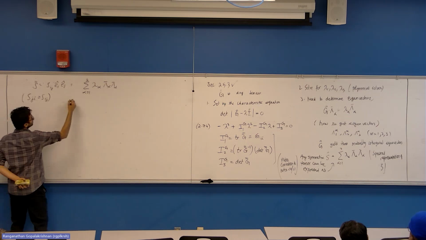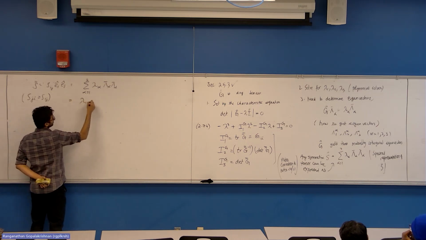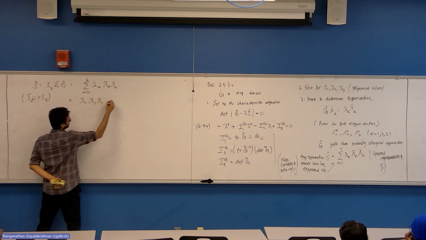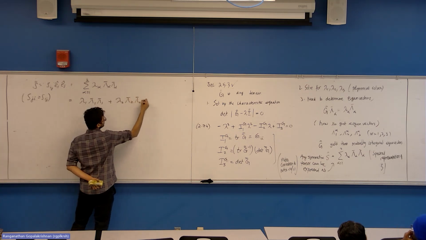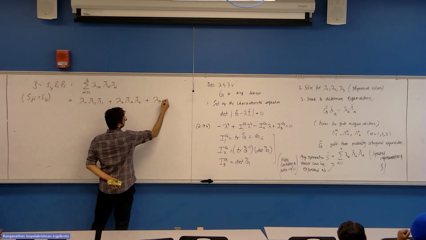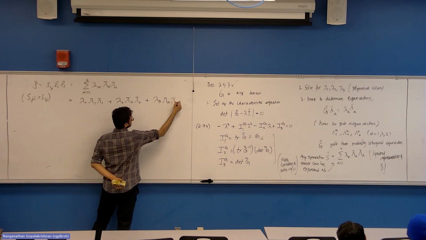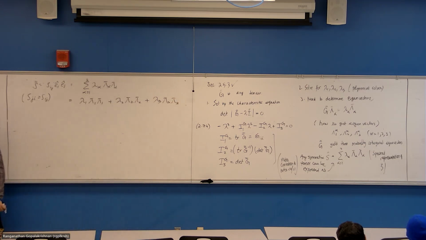This is like writing lambda 1, gamma 1, gamma 1, plus lambda 2, gamma 2, gamma 2, plus lambda 3, gamma 3, gamma 3.